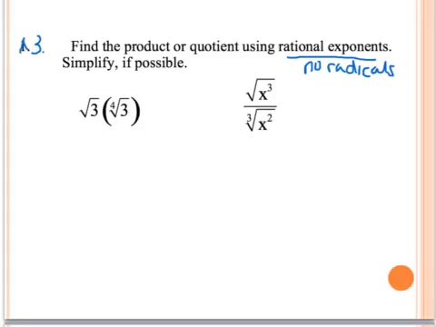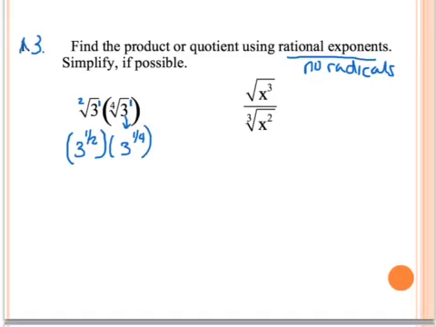Okay, so if I have the square root of 3, this is really 3 to the 1/2, because it's 3 to the first and an index of 2, 1/2. And that's going to be multiplied by the 4th root of 3. Well, that's 3, the radicand is your base. It's 3 to the first, so it's going to be to the 1/4.